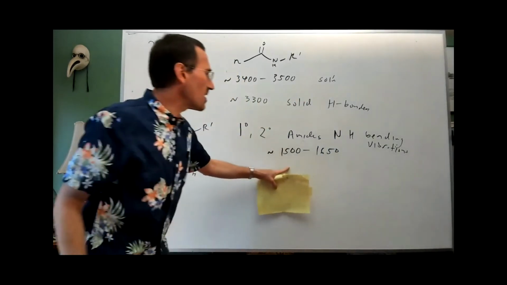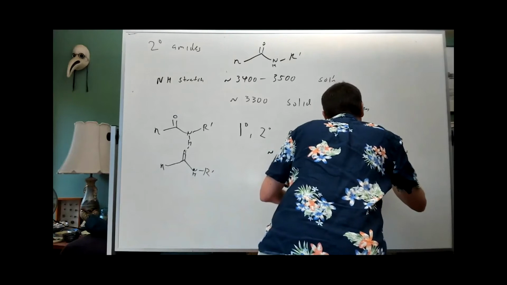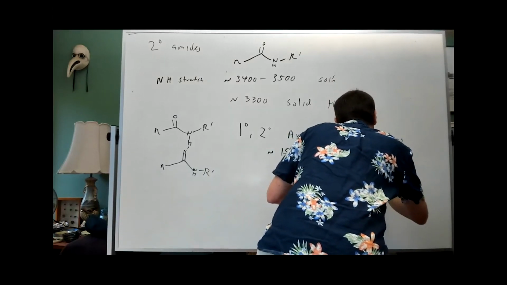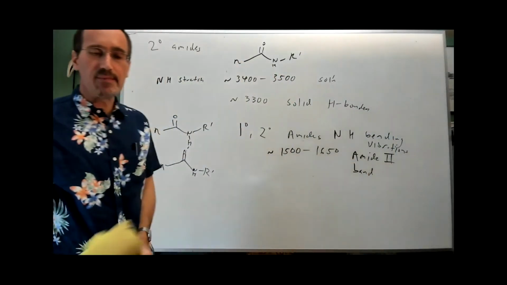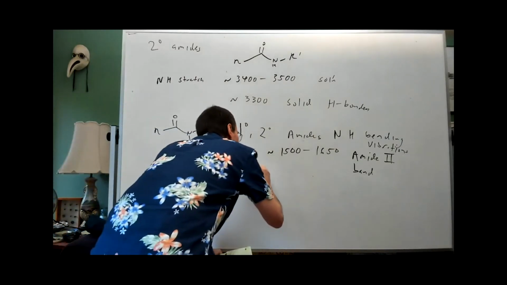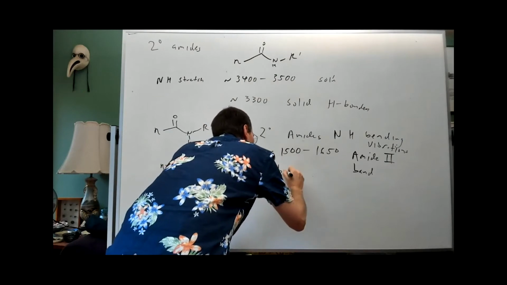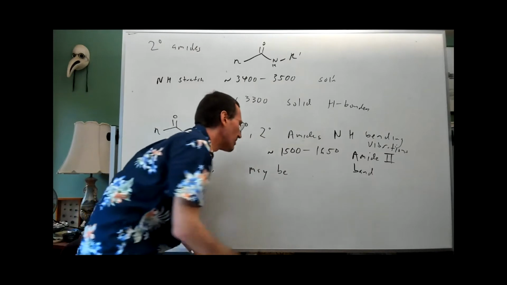And this gets a special name. It's called the Amide 2 band. We wouldn't have named the other one Amide 1 if there wasn't a reason, but it might be on top of the Amide 1 band. And remember, the Amide 1 band is the carbonyl stretching frequency.